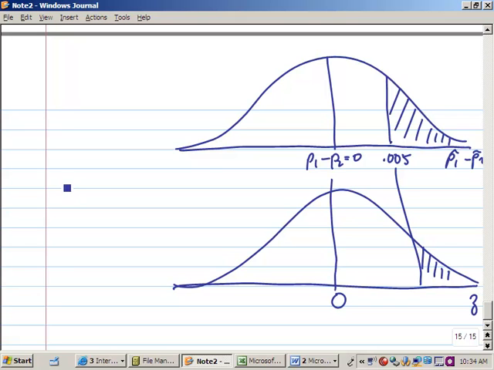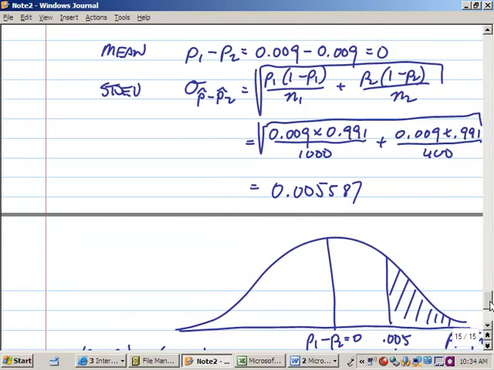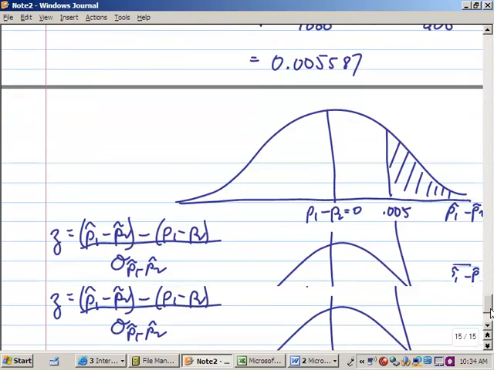So z is the limit, p hat 1 minus p hat 2, minus the mean of the distribution, p1 minus p2, divided by the standard deviation, sigma sub p hat 1 minus p hat 2. So the limit 0.005 minus the mean 0, divided by the standard deviation of, I've forgotten, 0.05587.